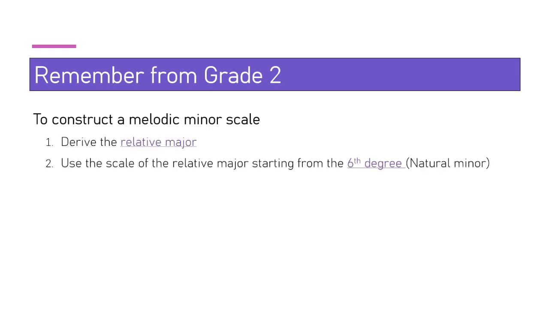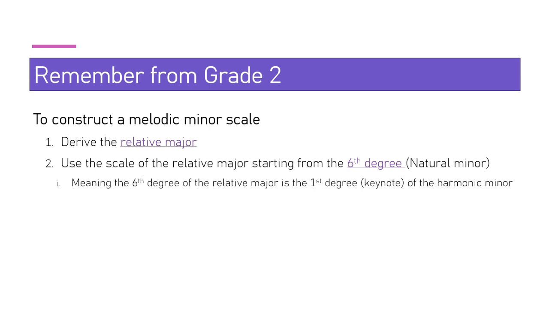Do the same thing, get your natural minor, go from the sixth degree of a major scale, that's your natural minor. That sixth degree of a major scale becomes the first degree of your minor scale. Note that correction, because we are still at the natural minor scale.